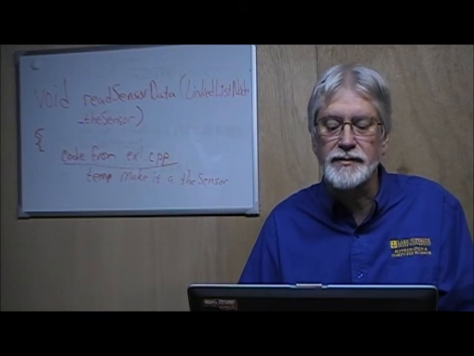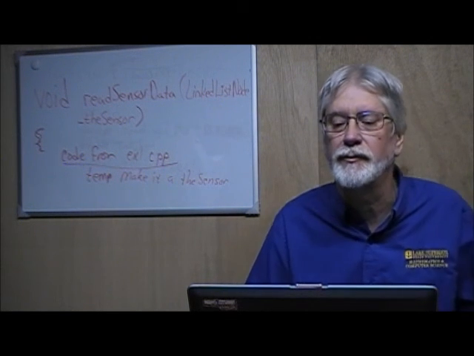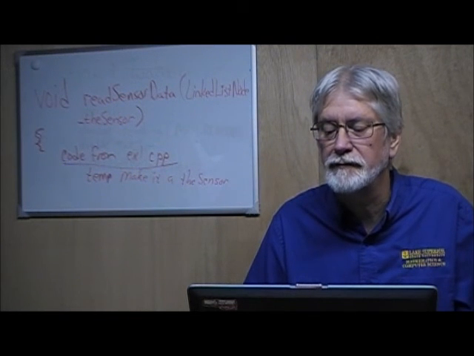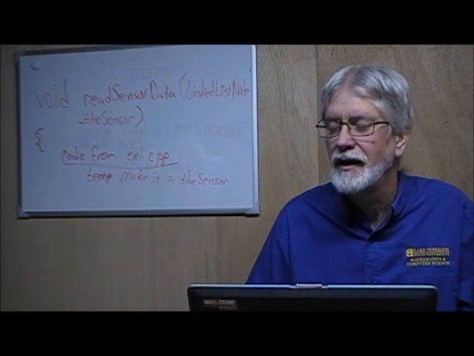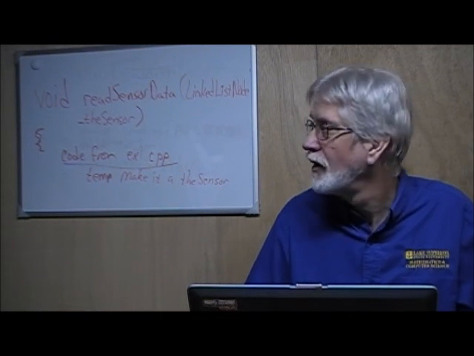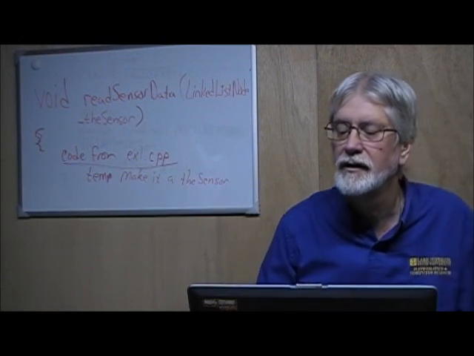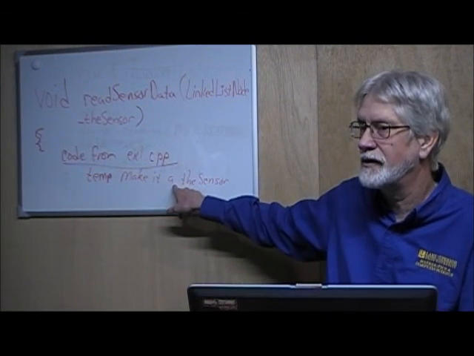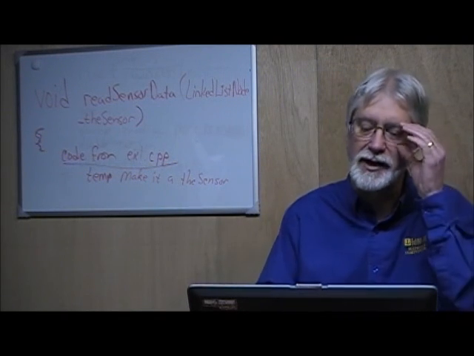Okay, so at this point, what I did in read sensor data was I made that function void, and I passed in linked list node, but I passed it in as just a node, which meant right here, that I altered the local copy in the code down here, but that didn't change temp out in main. So I've got garbage right now coming out.